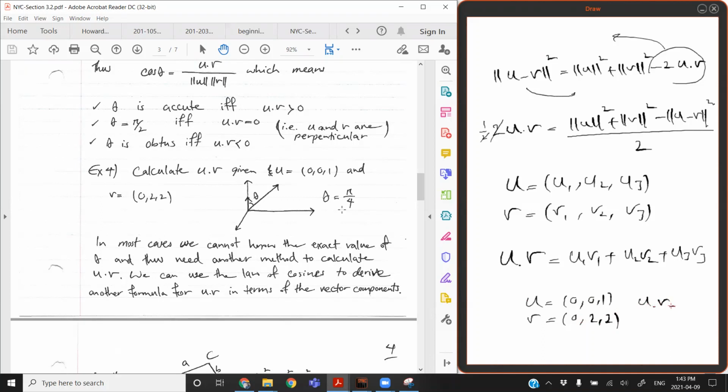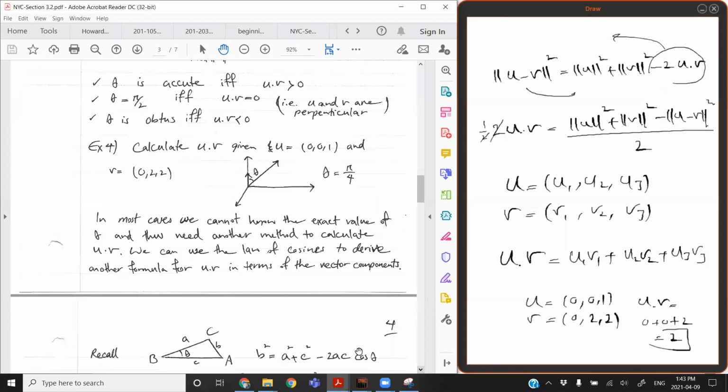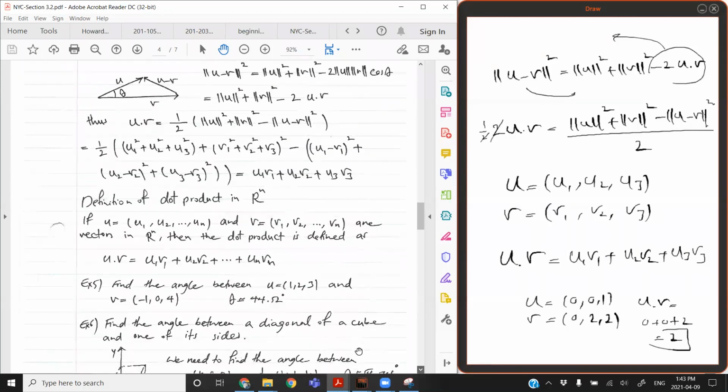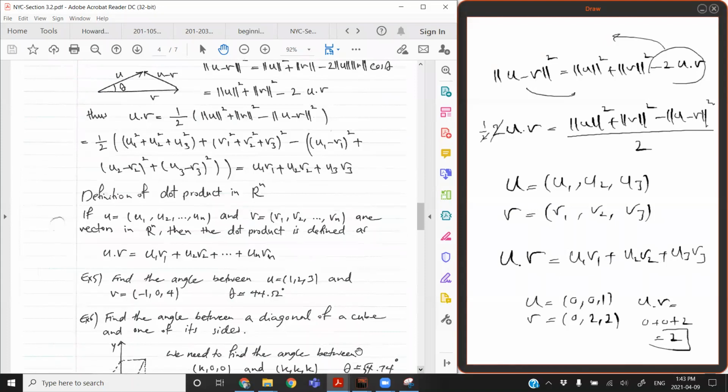So u dot v is 0 times 0, that's 0, plus 0 times 2, that's 0, plus 1 times 2. So it's going to be 0 plus 0 plus 2. The answer is 2. As you can see, this formula is much easier to use. Is that clear?